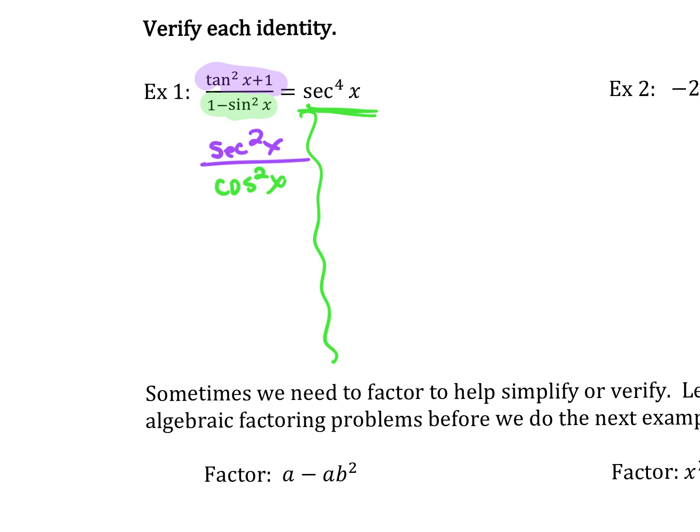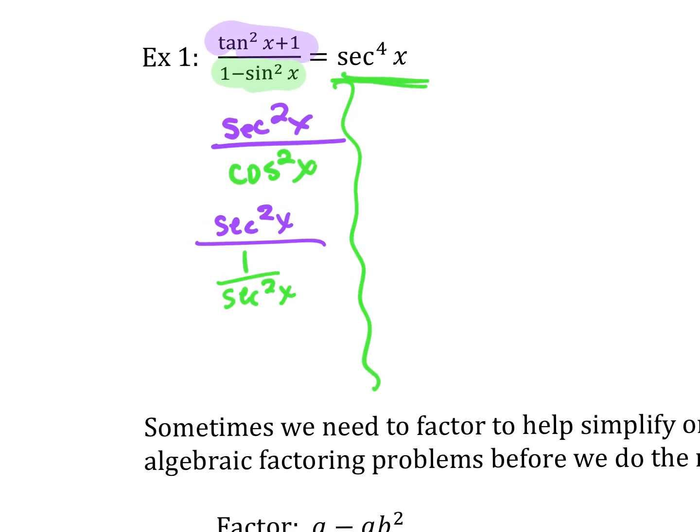So let's keep secant squared in the numerator. I want to rewrite that denominator as 1 over secant squared x, because then when I do keep it, change it, flip it, I'm going to get secant to the 4th x, which is what I wanted.